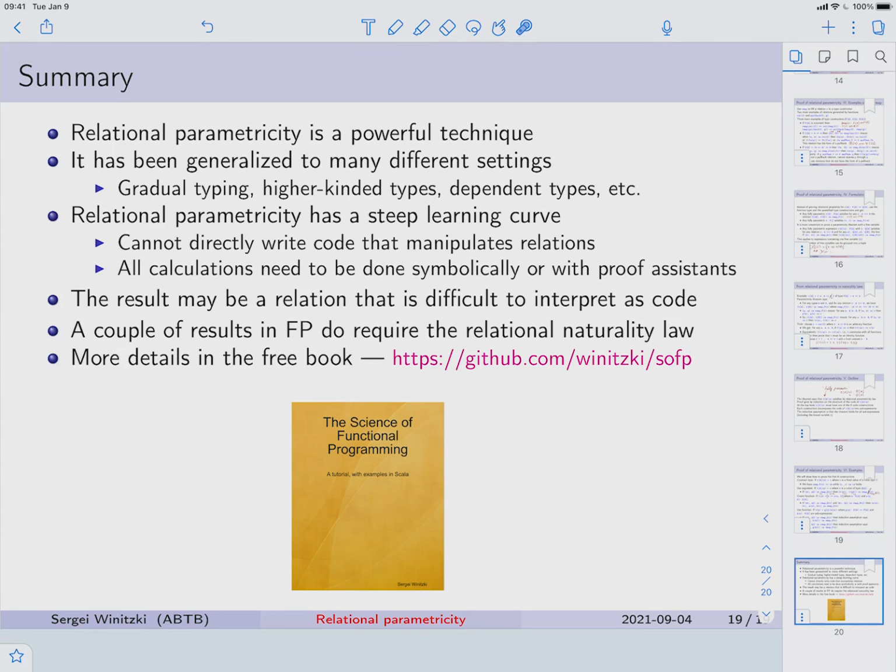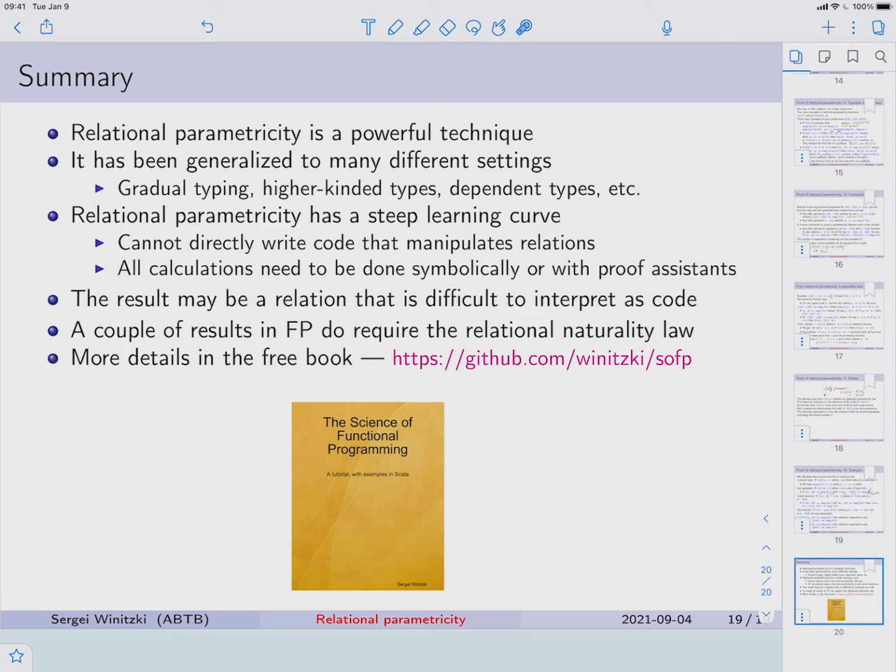So it's not easy to get results out of relational parametricity. You need to develop the techniques and experience working with this kind of symbolic calculation. Even if you learn these techniques and derive a relation for your code, then you get a relational law, and it's difficult to interpret that law as an equation for your function or law for your function. And so that is another step that needs to be done.